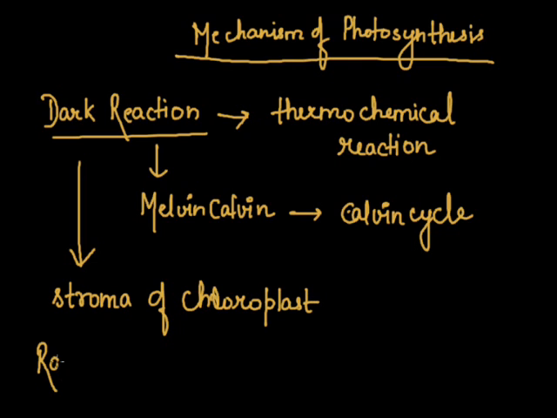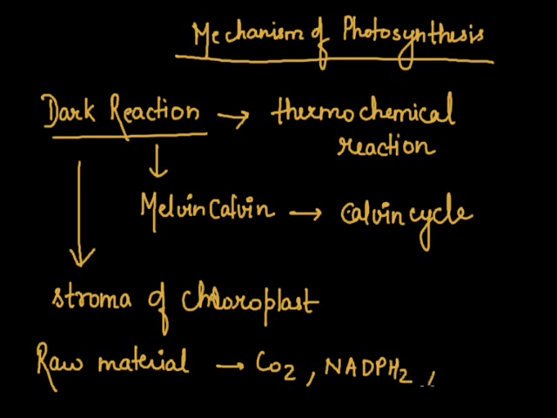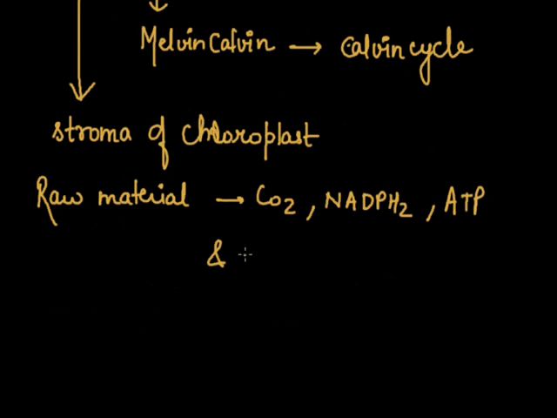The raw materials utilized in the dark reaction are CO2, NADPH2, ATP and various enzymes. These raw materials are synthesized in the light reaction and utilized in the dark reaction.